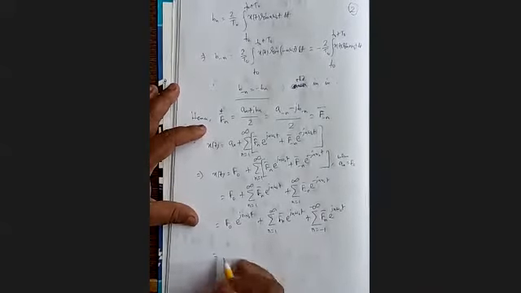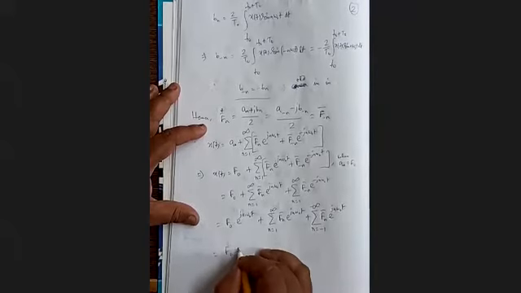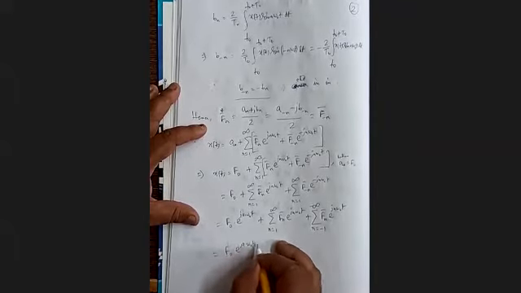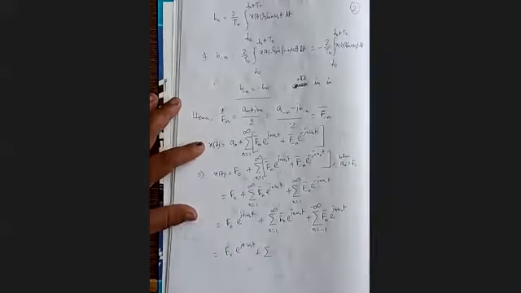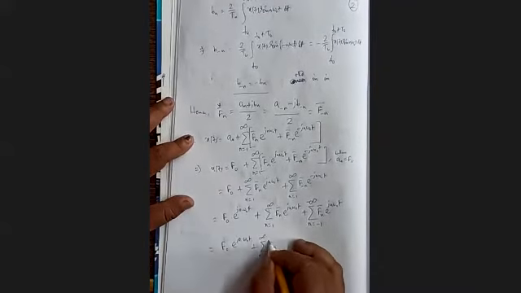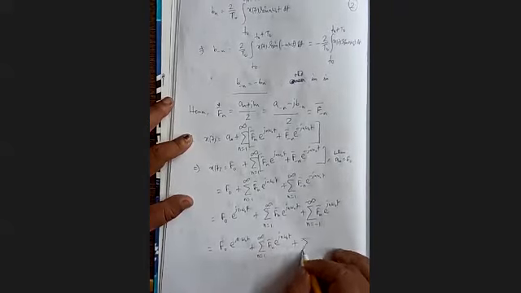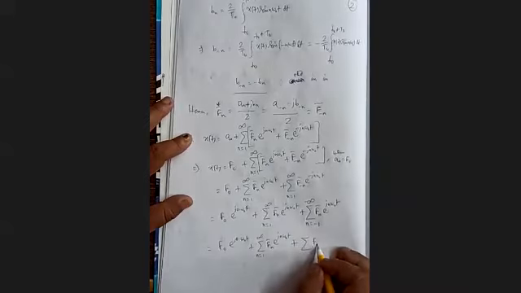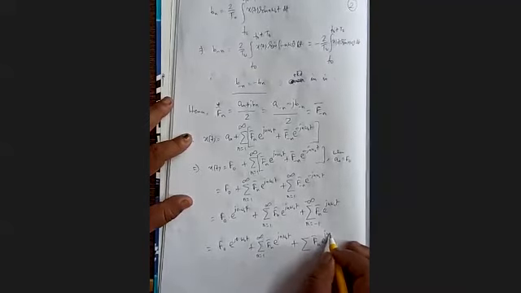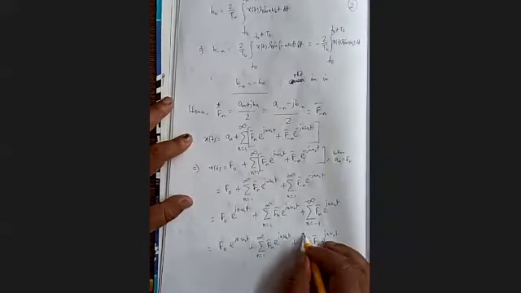Clear? Now note one thing, our n is varying here. One more thing, let me write one more line: Fn bar e to the power j n omega 0 t plus, we can interchange the limit, n varying from minus infinity to minus 1.